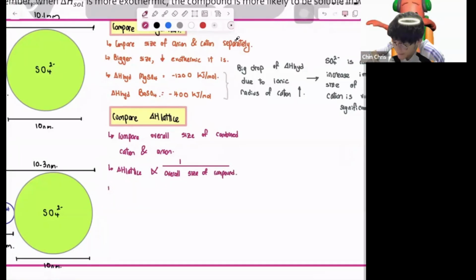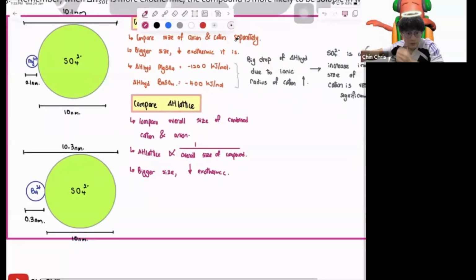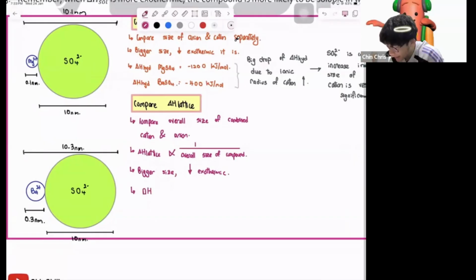Okay, the similar thing applies: if you have a bigger size, then you have less exothermic. So let's say you compare my delta H lattice of MgSO4, and just imagine I give you a value of negative 900.